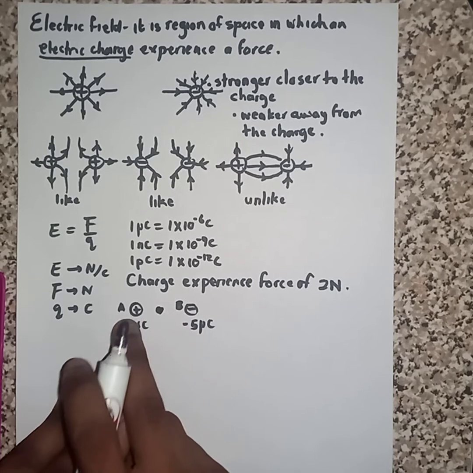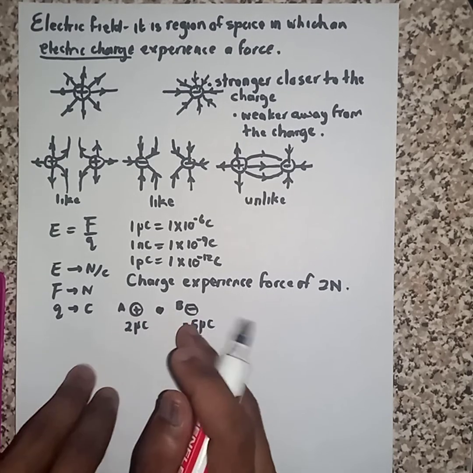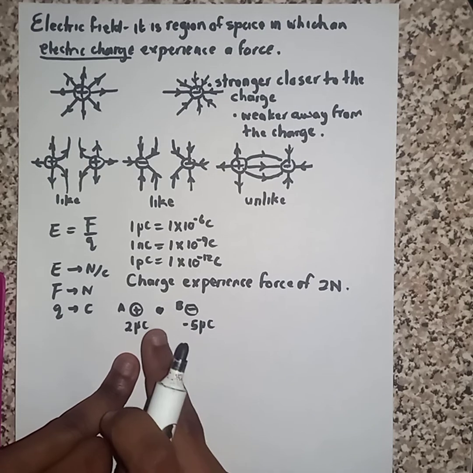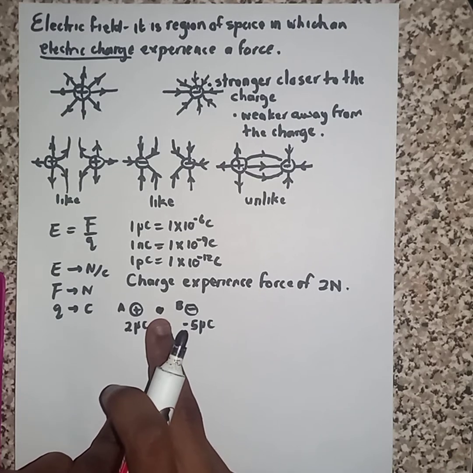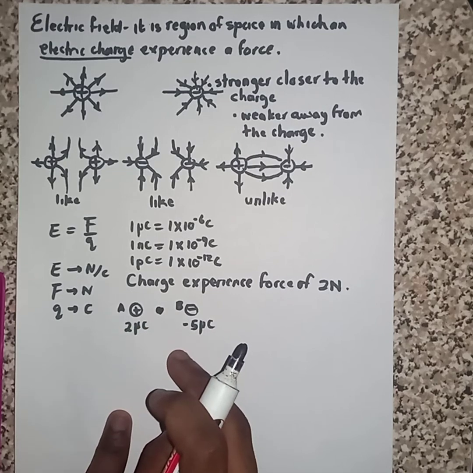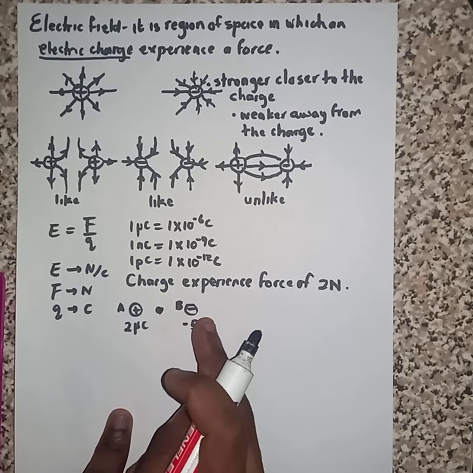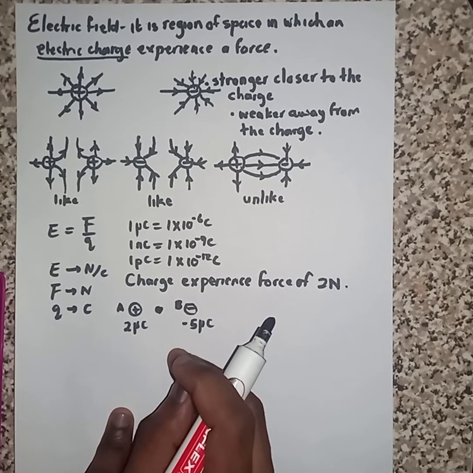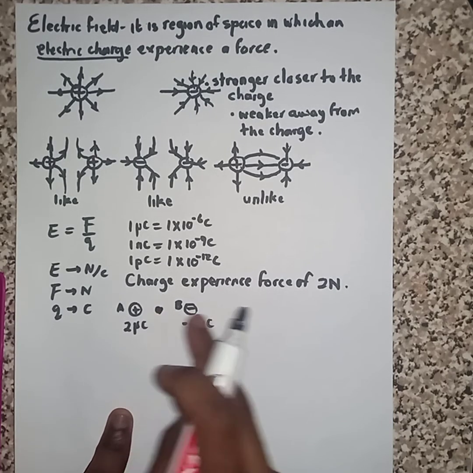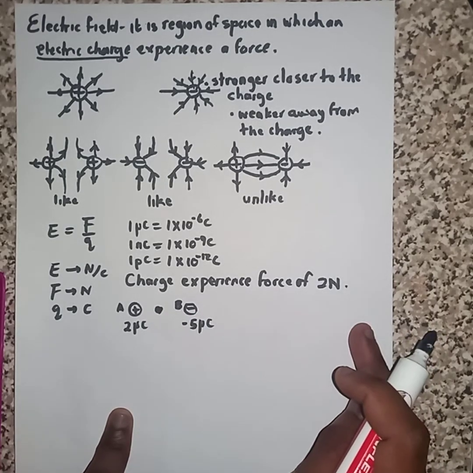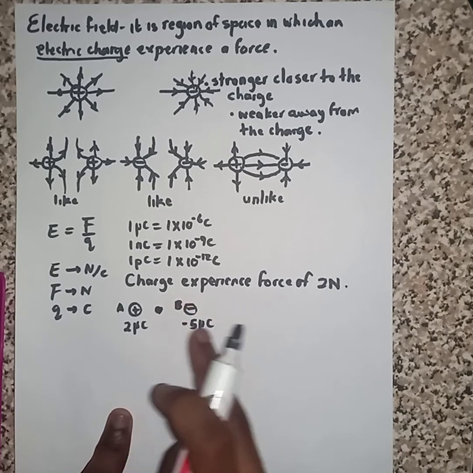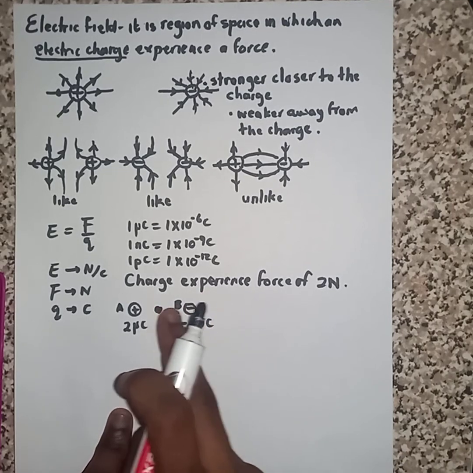Relative to this charge A, our test charge is always positive. Will it move towards or away from B? It is clear that it will be attracted to the negative. It will move in the positive direction, or let me just say it will move to the right. Now we know that the electric field of charge B will point towards the right.